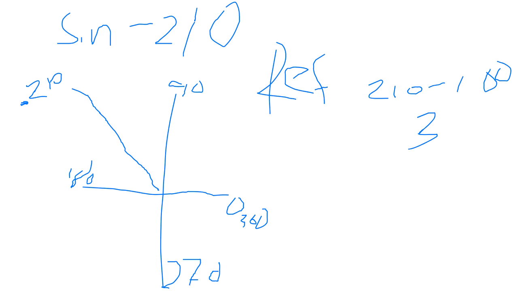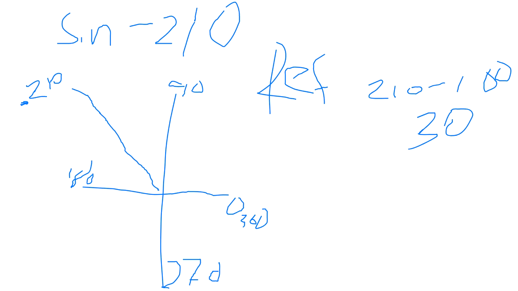Now we know that sine 30 is going to be what? It's going to be half. But this time, because we went in the other direction, it has come into the second quadrant. And in the second, sine is what?